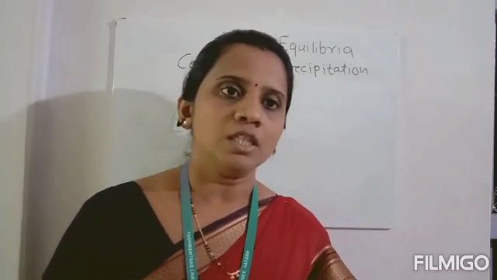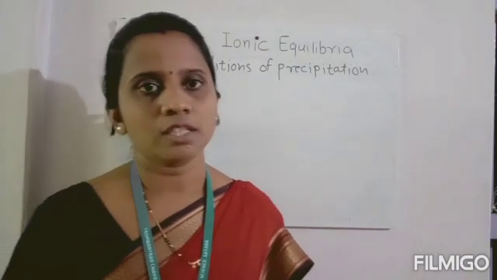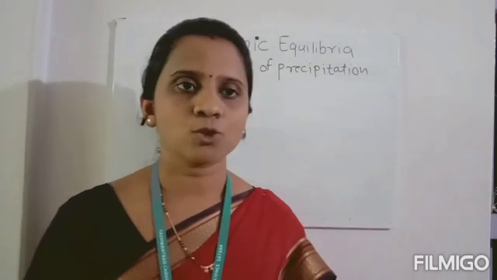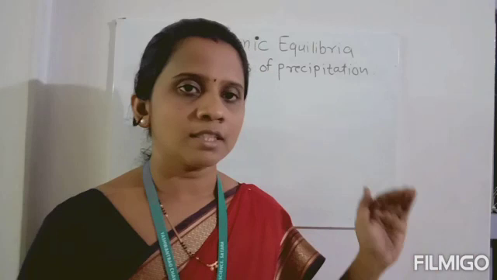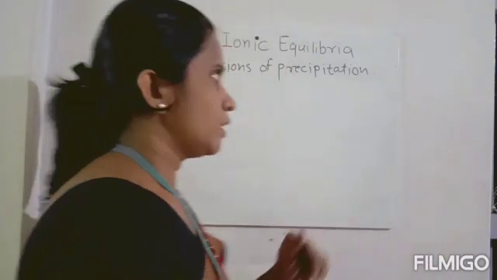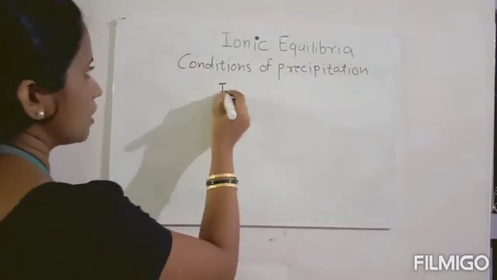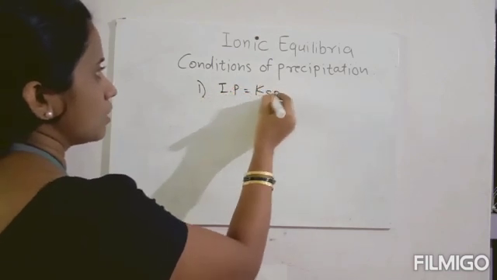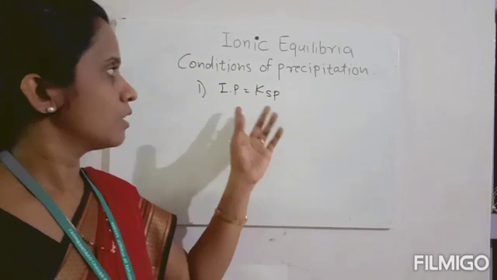And for precipitation, what we have to know, three types of solutions: saturated, unsaturated, supersaturated. So precipitation takes place when the solution will be supersaturated. There are three conditions. In first, ionic product is equal to solubility product.